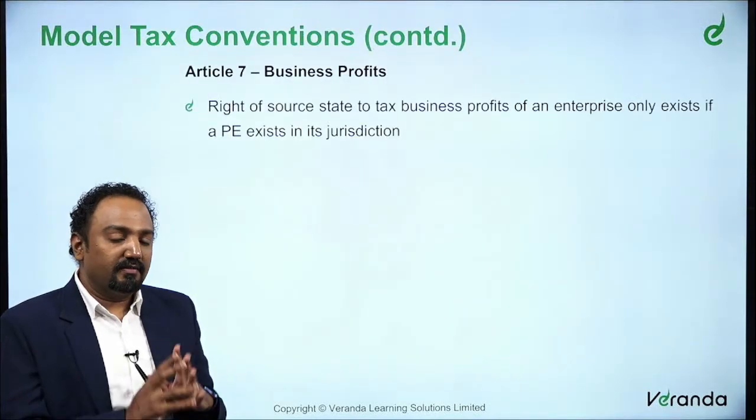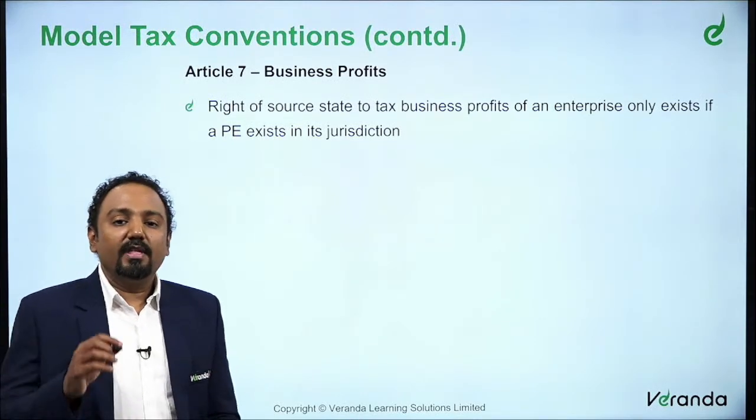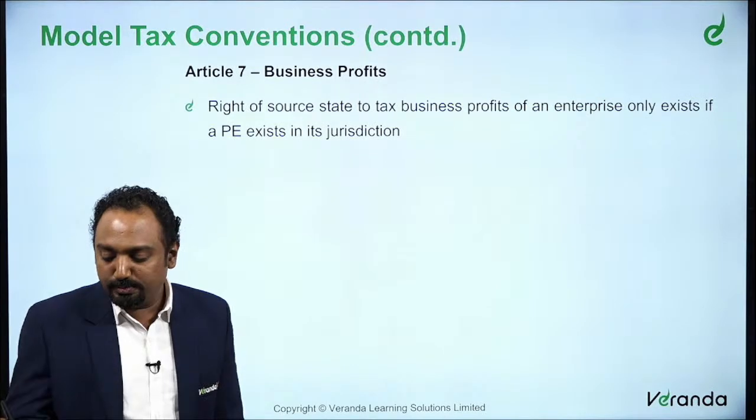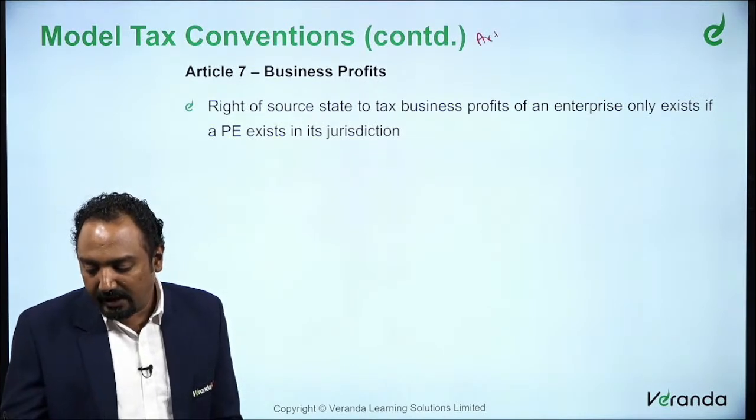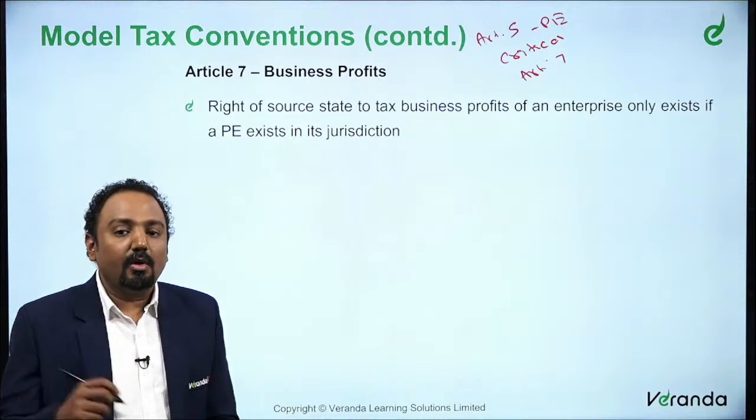So with that, we have now seen what is a resident and we have seen what is Article 5. Now this Article 5, that is PE, is critical for Article 7. Why?